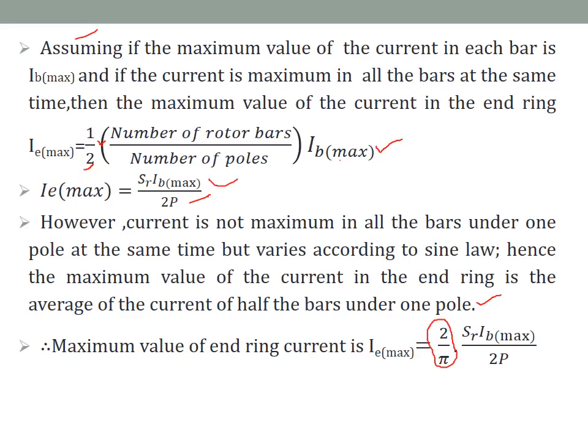This will give the average value of IB and convert IB max into actual values. Whatever assumption we have made is nullified by multiplying with 2 by pi.